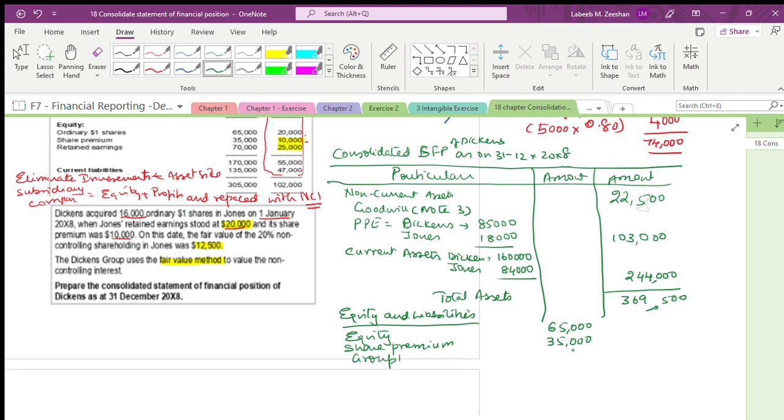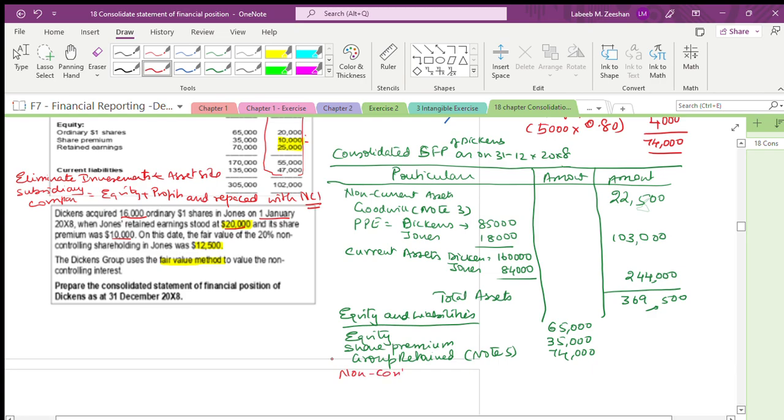Fine. Next, you have group retained earnings, note 5. How much have we done? 74,000. Now, here we have to make a point.